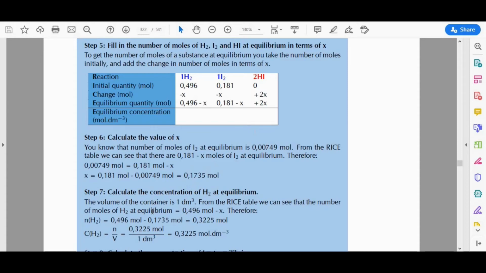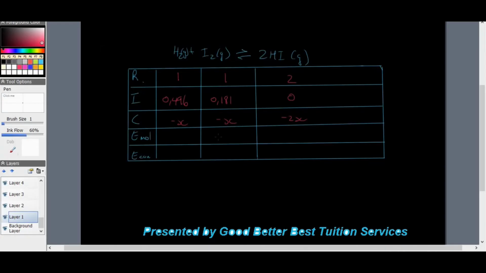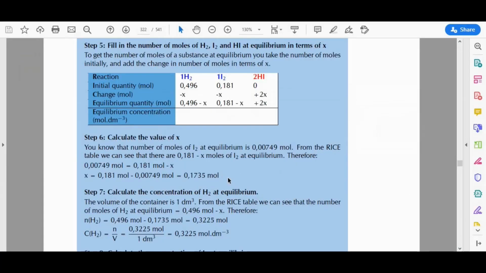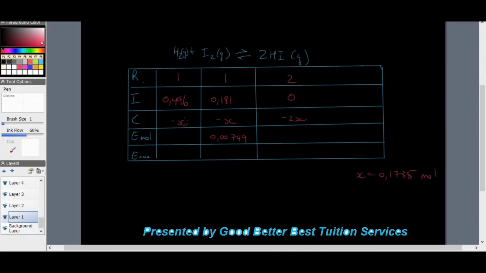Okay, so I can go add that back in, 0.00749. Okay, I know what my value of x is equal to. x was equal to 0.1735 mole. Let's double check that. Yes. So obviously that will substitute in there. That will also substitute in there. And that will be 2 times this value.